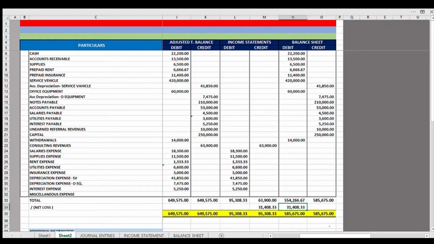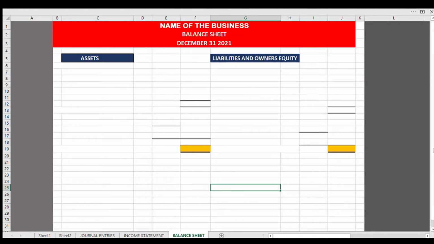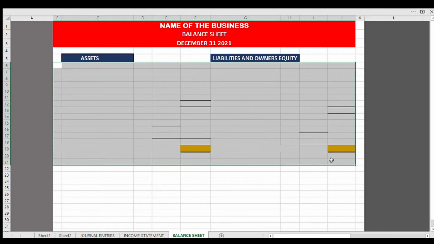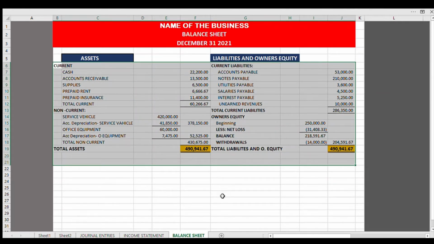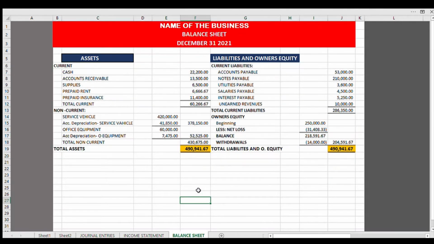Okay, so this is now the balance sheet, and we will show you how it will look. So here are the balances as we transferred all the adjusted balances to the report.